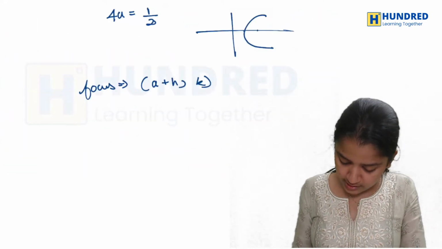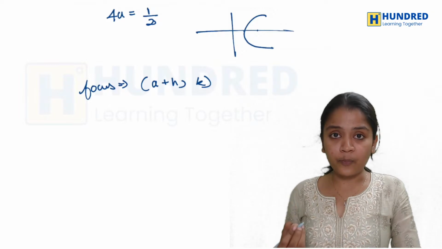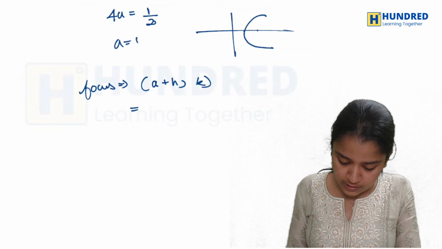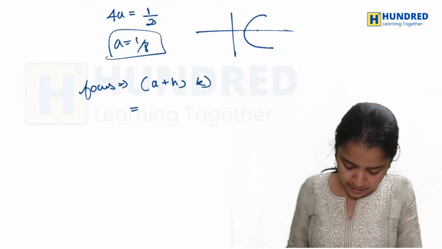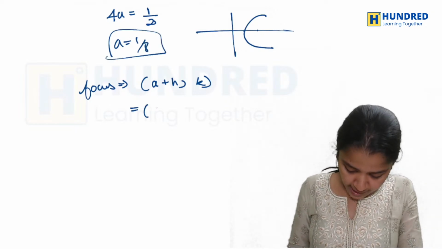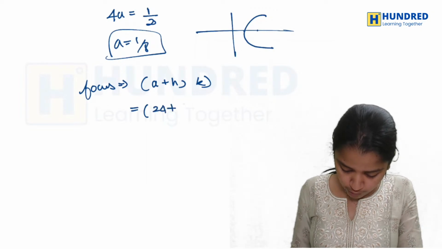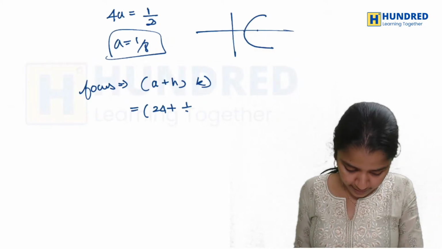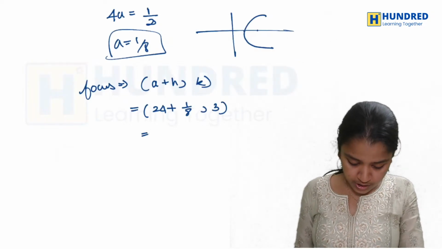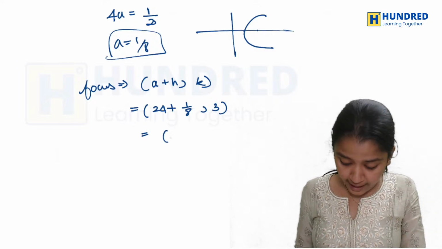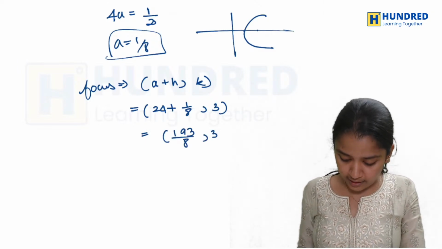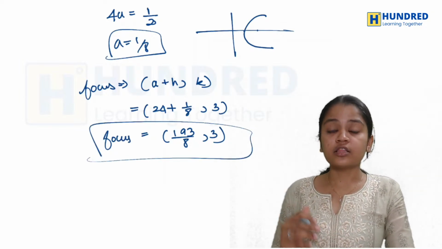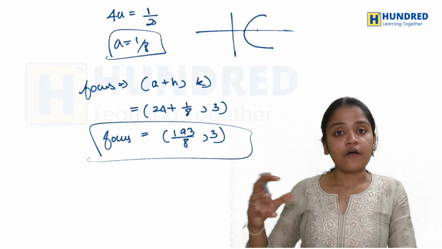That will be your focus for a vertex which is having h comma k. So basically my a is 1 by 8, and h is 24, so h is nothing but 24 plus 1 by 8 comma 3. When I add, it will be 193 by 8 comma 3. So this is my focus, because the focus for this one is generally for an h comma k vertex.